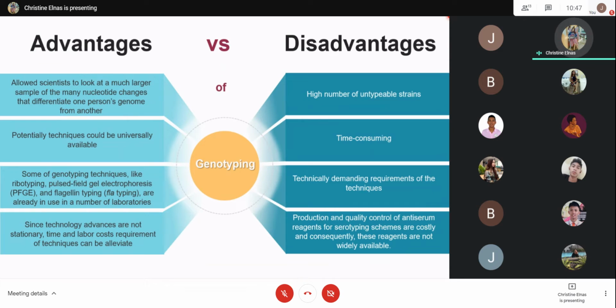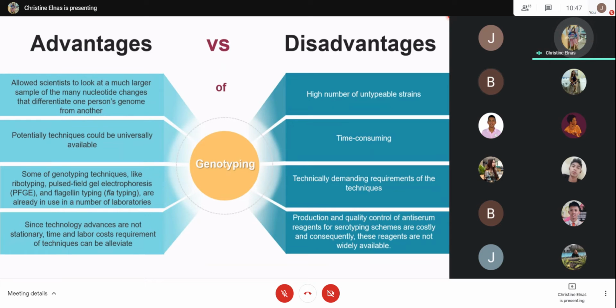Another advantage is that potential techniques could be universally available. Some of the genotyping techniques like ribotyping, pulsed field gel electrophoresis, and flagellar typing are already in use in a number of laboratories. And last one, since technology advances are not stationary, time and labor cost requirement of techniques can be alleviated.